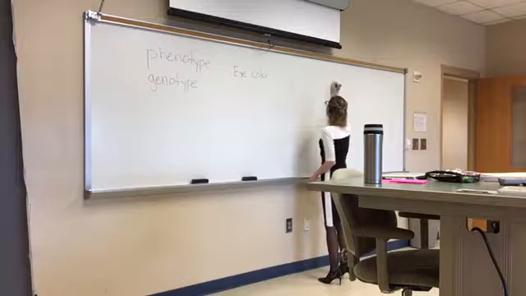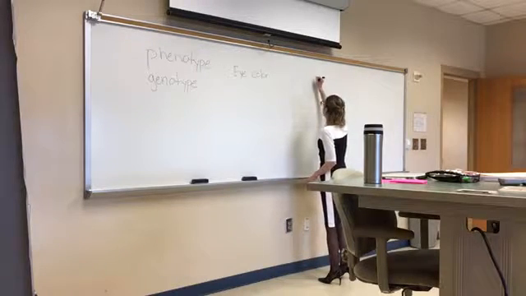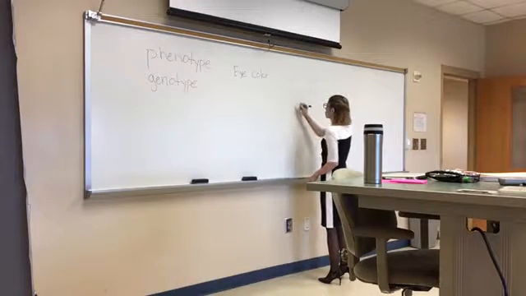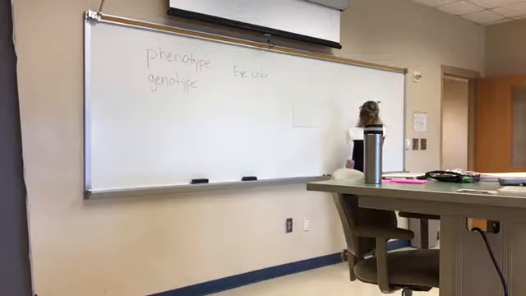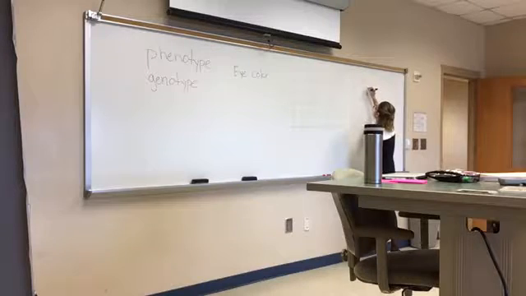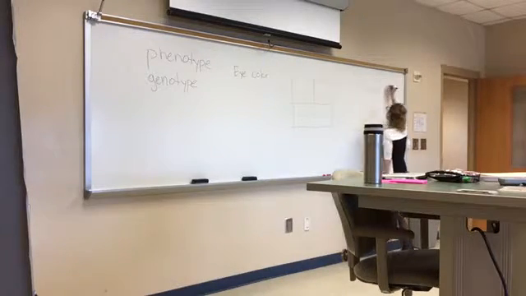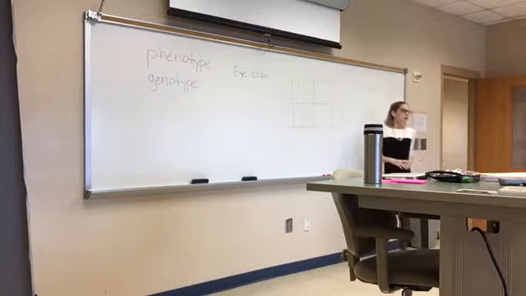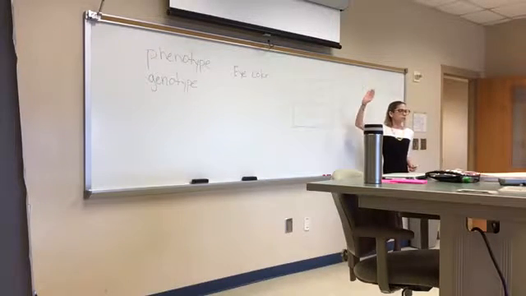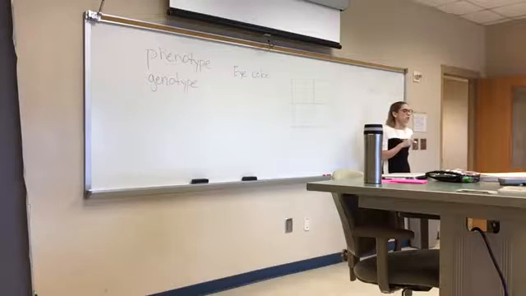So if we want to know the likelihood that our children will have a certain color eye, we can do a very simple Punnett square. Who's done these before? Okay. All right. So let's say that both parents are heterozygous for eye color.